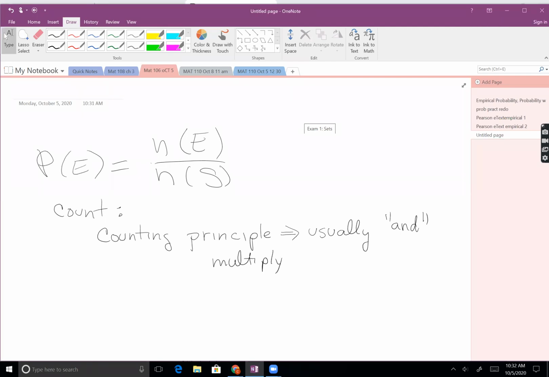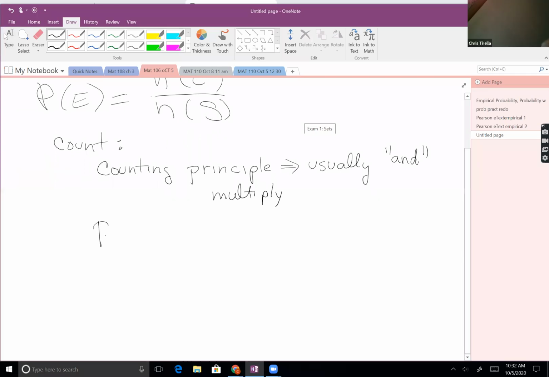And then to help us count, we also have permutations, which are arrangements of distinct objects, D-I-S-T-I-N-C-T, where there's no repeats and order matters.